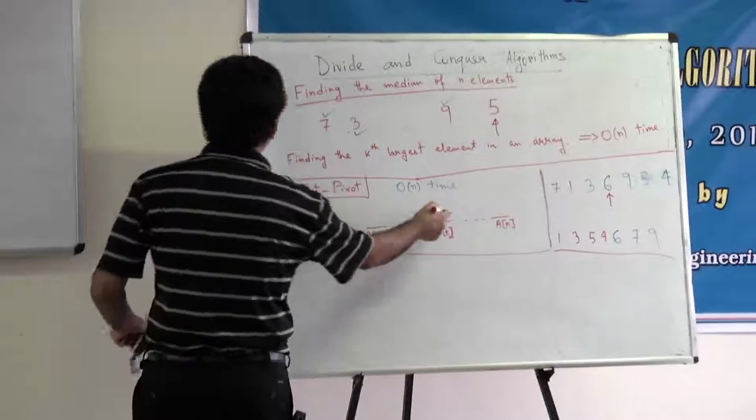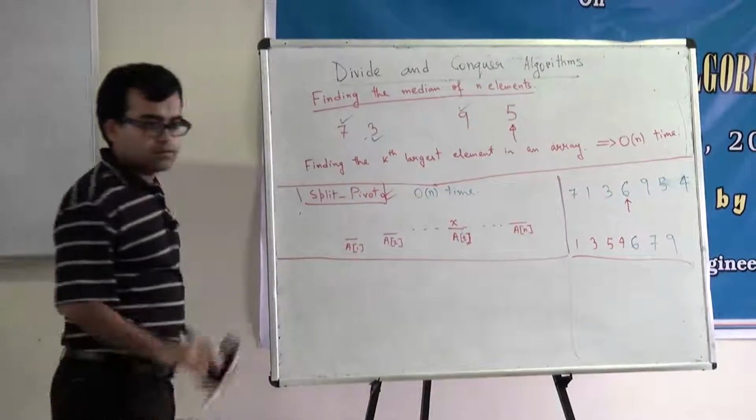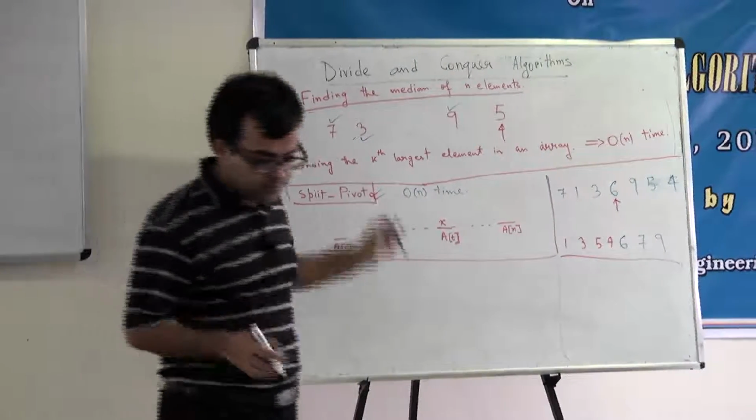So this guy x, or this guy 5 here, we are calling it a pivot. Suppose this is a technical term that we are just using.